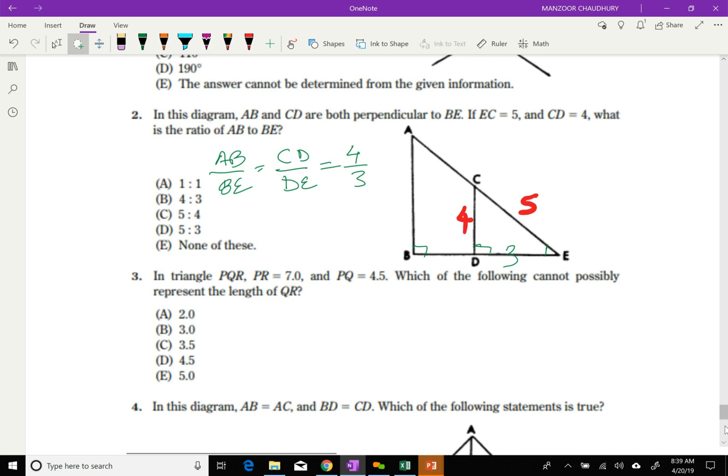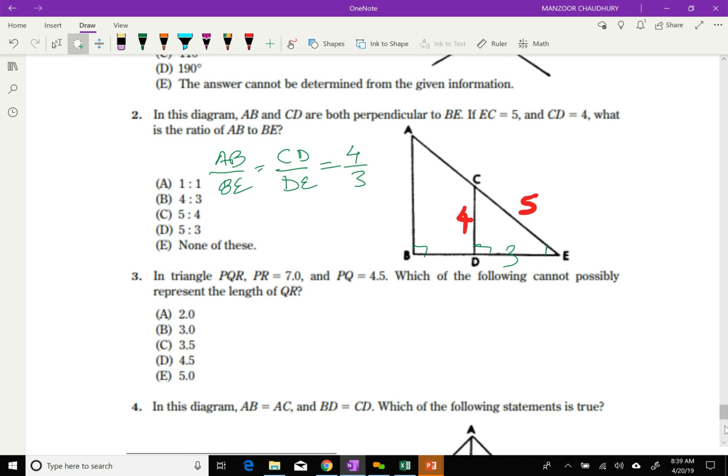QR has to be less than 11.5 and greater than 7 minus 4.5, which is 2.5.